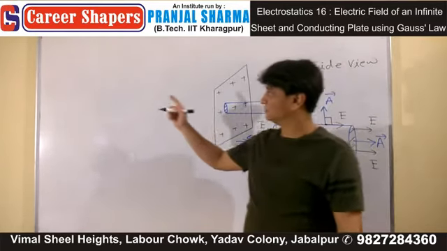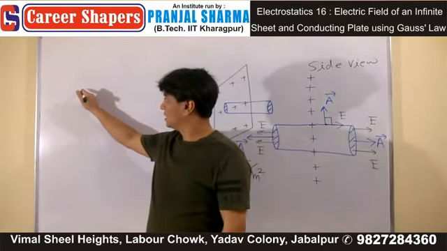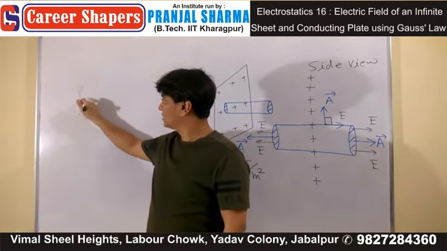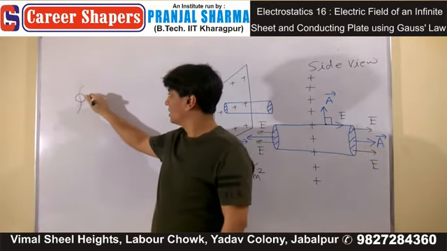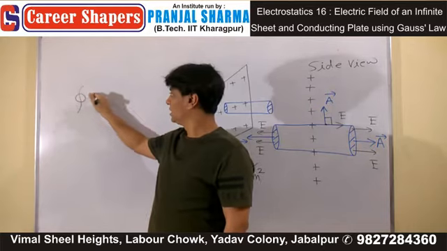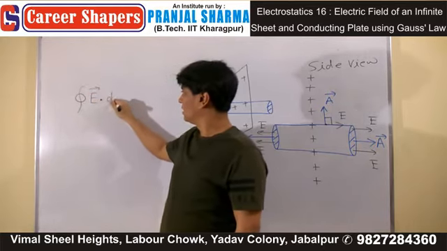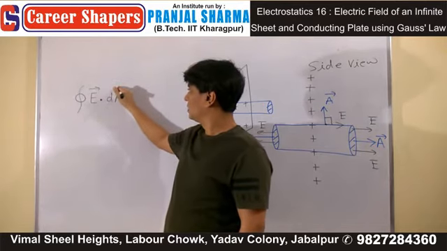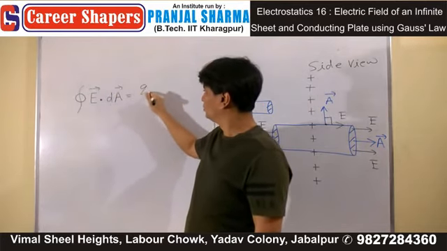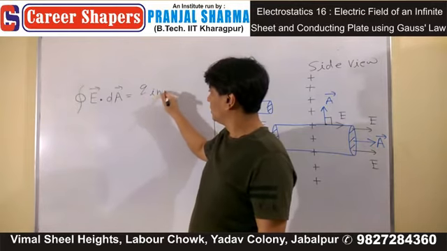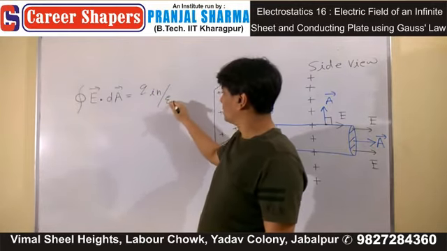Now, Gauss says total flux, which is E dot dA, should be charge inside divided by epsilon 0.